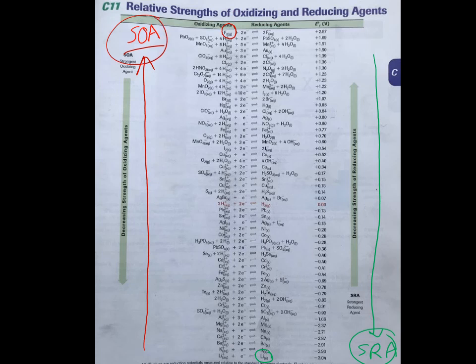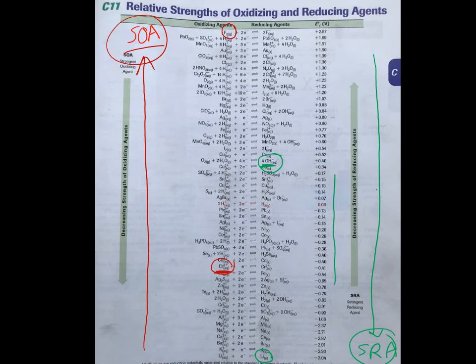Let's say we had chromium ion here, and let's pick hydroxide ion. If this hydroxide ion tried to react with this chromium ion, that's not going to be a spontaneous reaction, because we're getting weaker and weaker reducing agents as we move up the table here.